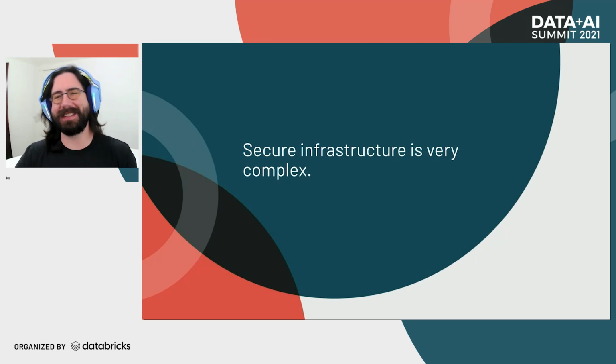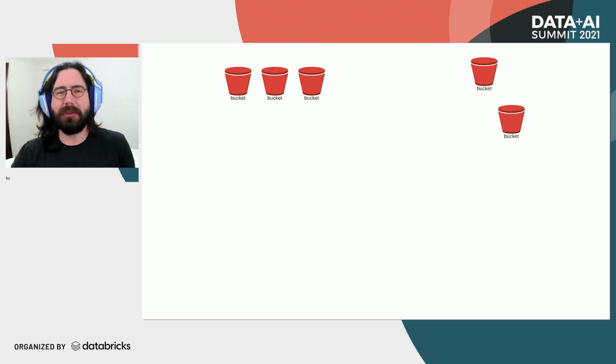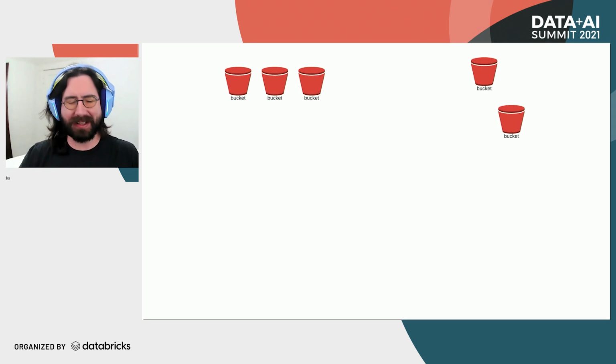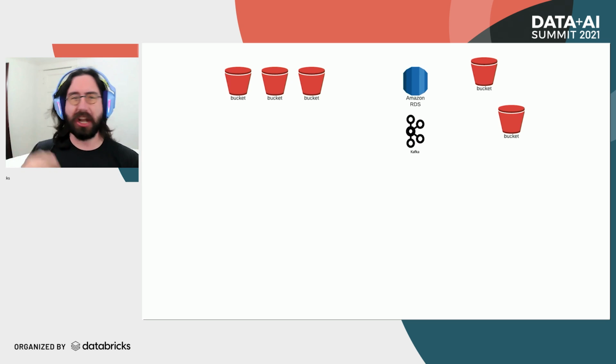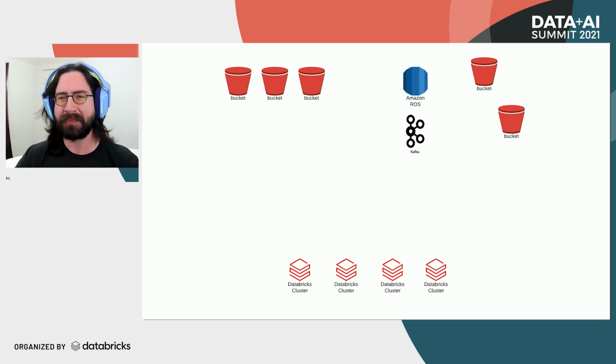So what does a complex data infrastructure look like? For example, you might have an array of different buckets that have all sorts of different individual use cases and types of data, all over the company. Next, you might have a few other non-bucket data stores like Kafka or some relational data store. Next, you'll probably have a few Databricks clusters that you use to access that data and process it to actually glean value.